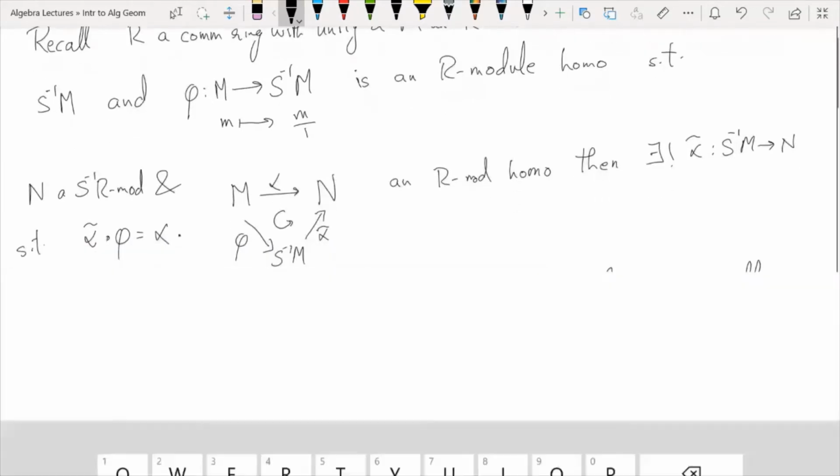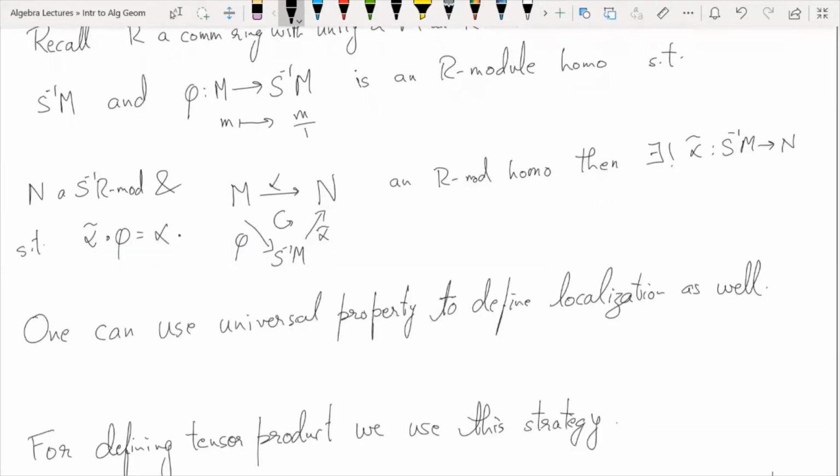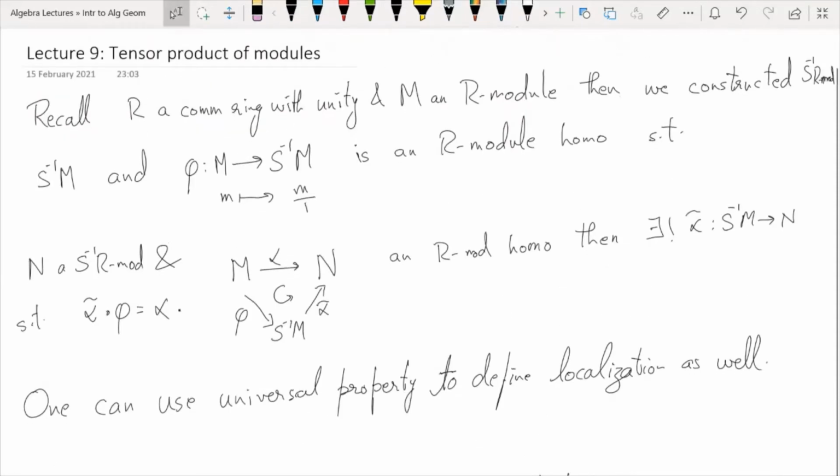So this is the universal property of localization, which hopefully you saw in the notes.